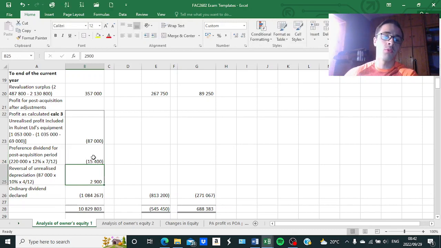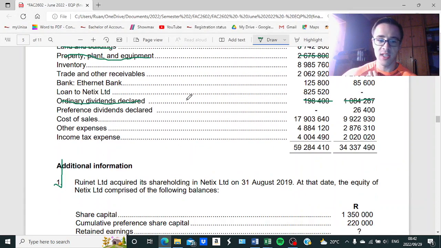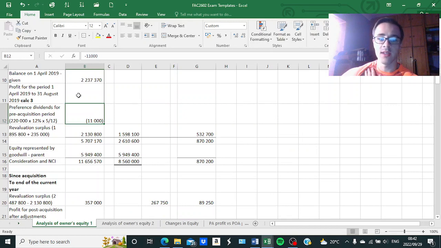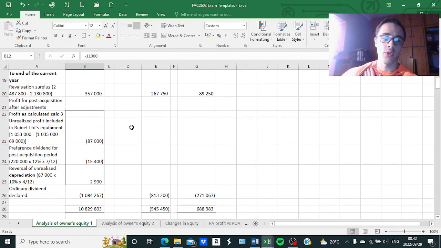Another way that you could have calculated this is by taking the total preference dividends paid or declared by the subsidiary, which was 26,400, and subtracting the amount paid in the pre-acquisition period.